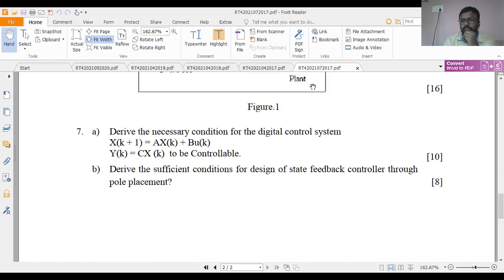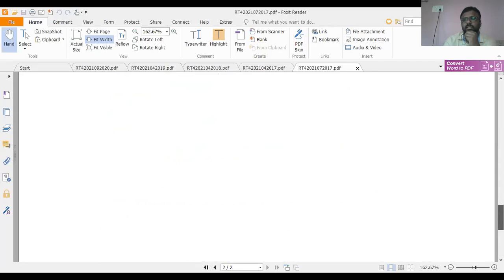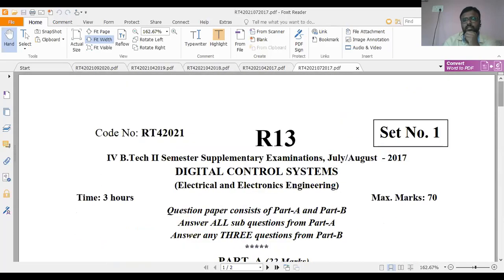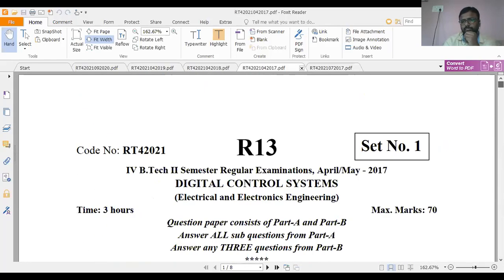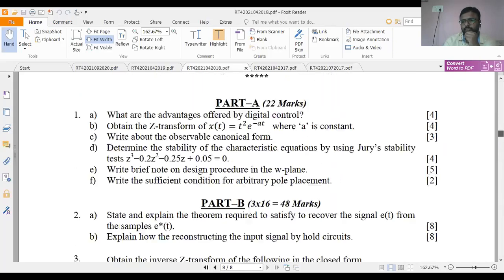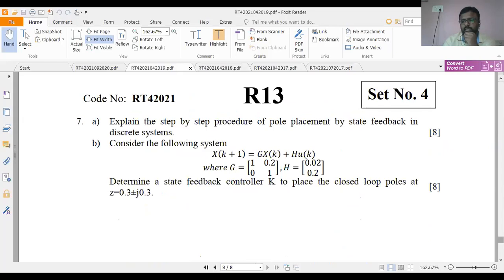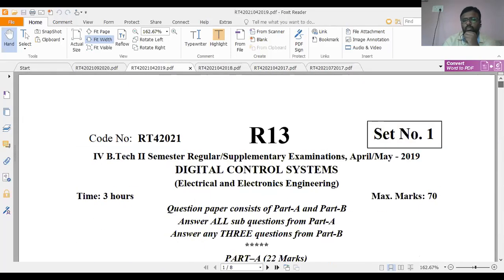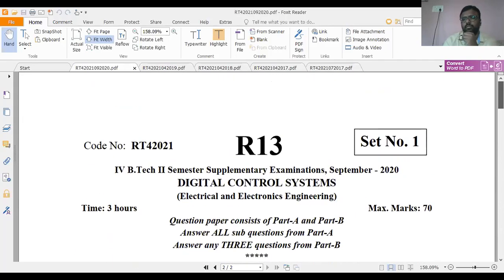So these are the different university question papers which were asked in the year 2017. This is the supplementary paper, and this is the regular paper, and this is the 2018 paper. This is the 2019 paper. So while seeing these questions, you must be able to solve all the problems.